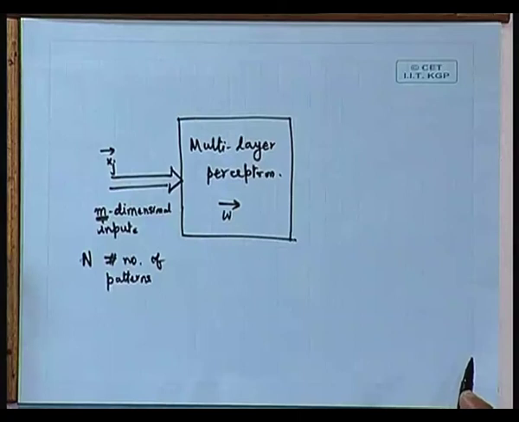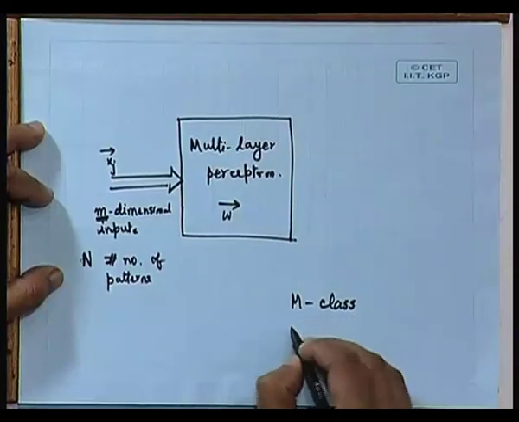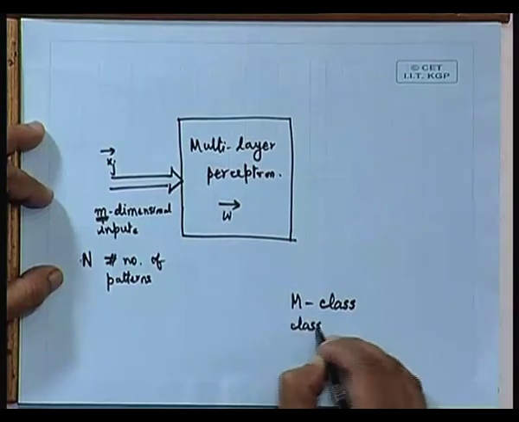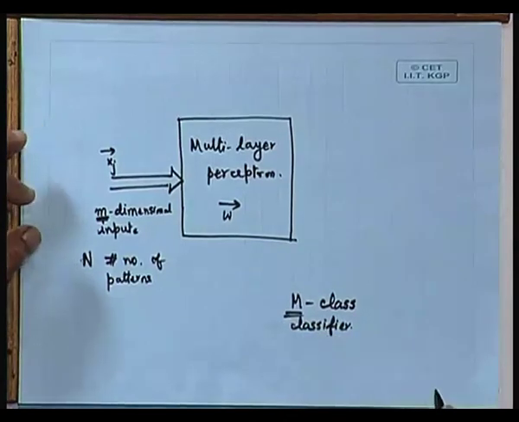And the multi-layered perceptron is going to generate outputs, and it is a multi-class classification problem, so we should have multiple outputs. Let us say that we are considering an m class classifier, meaning that there are m number of classes. If there are m classes, then we should have m outputs there.